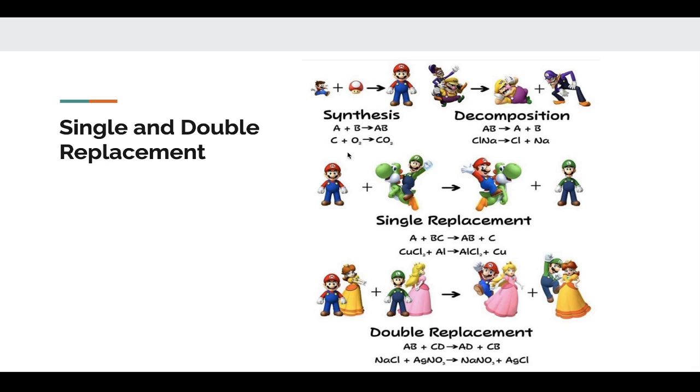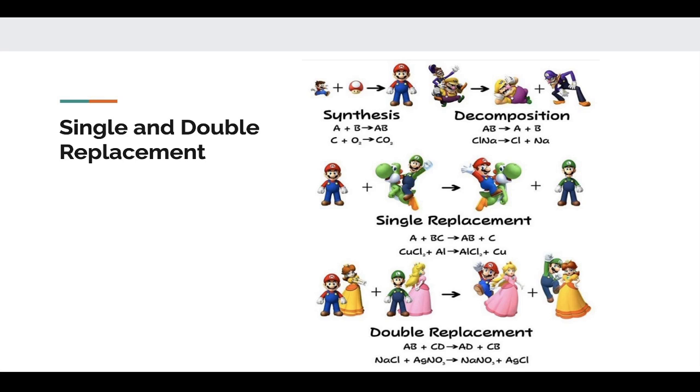Now, a way we can look at this is we can focus on Mario and Luigi. On the left side of the equation, we have Mario and Luigi with Yoshi, basically. As you can see, on the right side of the equation, we have Mario with Yoshi and Luigi by himself.